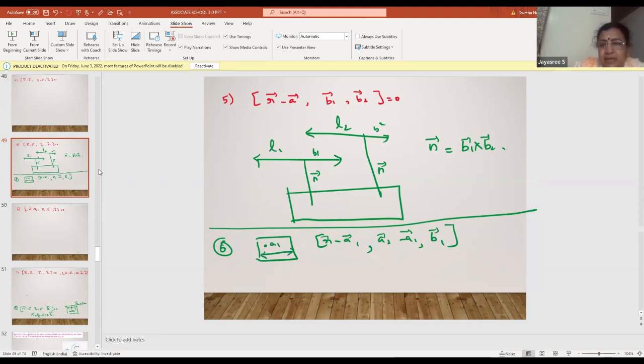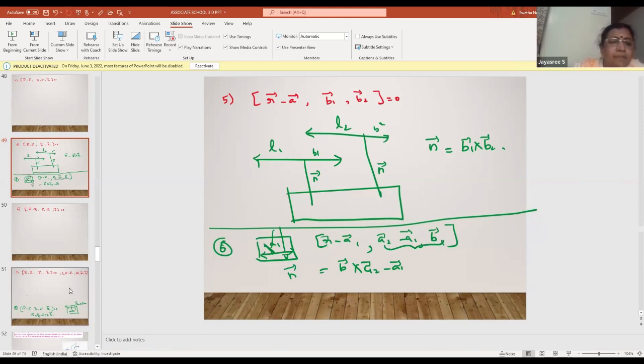So when the plane contains a point and a line, A2 minus A1 gives one direction ratio which is perpendicular to the n vector, and B vector is perpendicular to the n vector. So B vector cross A2 minus A1 gives me my n vector, so that I can proceed further.